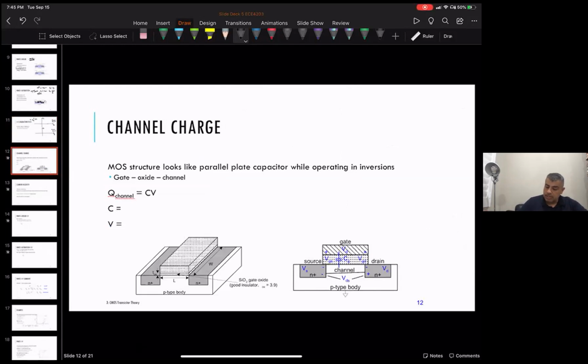Because we just said it looks like a capacitor. So we have silicon dioxide, and then we have polysilicon, but let's call it a metal or conductor. And then we have the channel, the P channel.